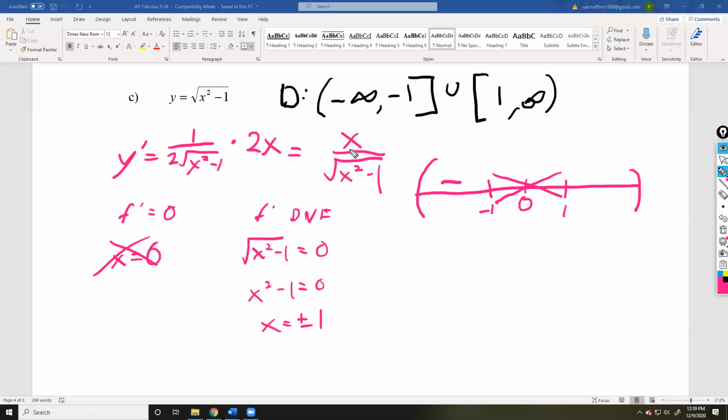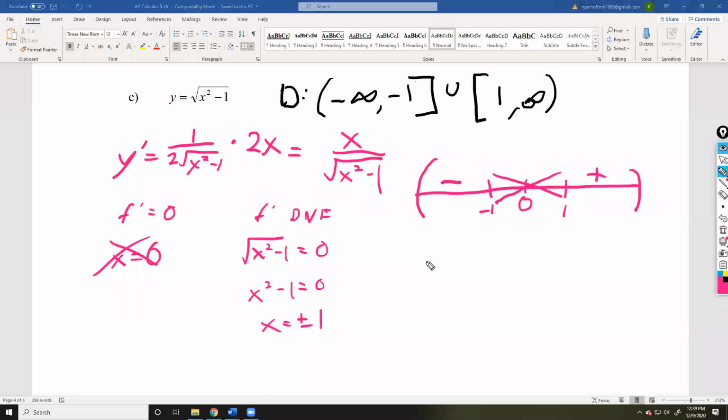So if I have a positive number, let's say I plug in like positive 3, then I have 3 over, this is going to be positive. So I have a positive over a positive, which is a positive. And you can plug in any number you like, and we're not interested in the number we get out. We're more interested in the sign. So here's negative, here's positive.